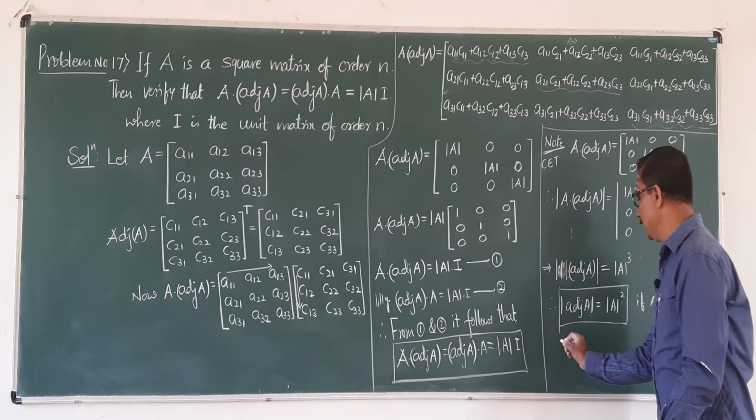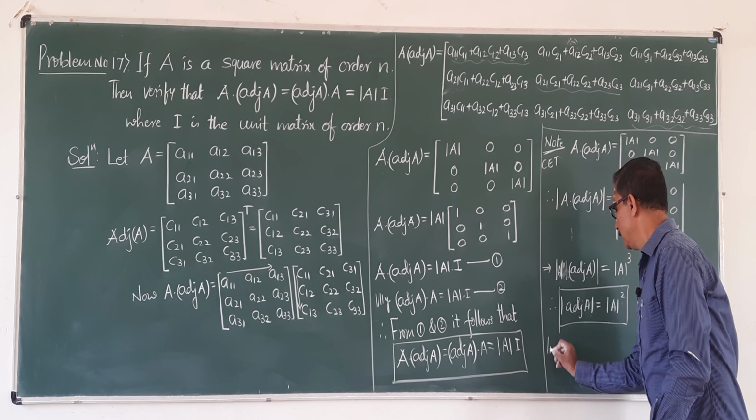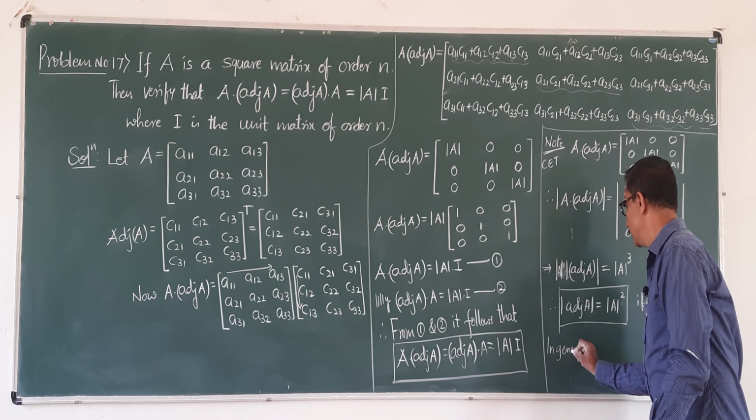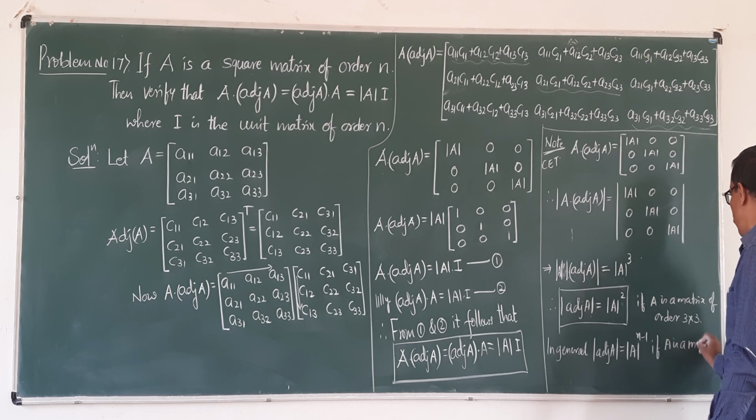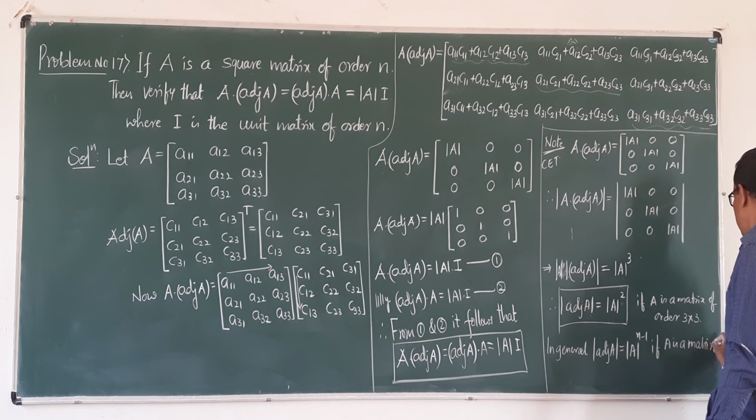Remember this. In general, determinant of adjoint of A is equal to determinant of A to the power of n minus 1, if A is a matrix of order n cross n.